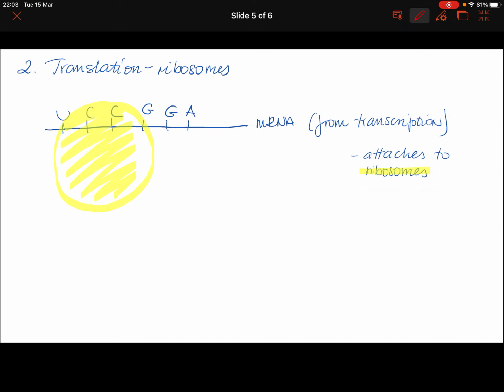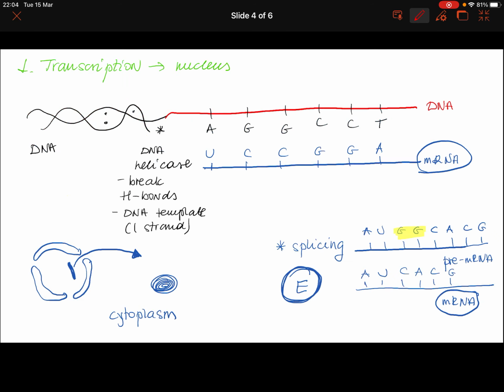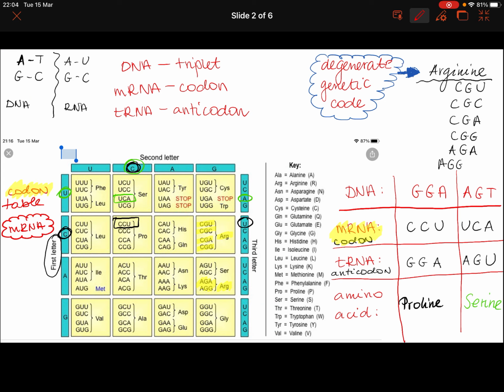Remember the triplets, so the sequence of 3 bases on mRNA were called codons. At the beginning of the sessions, we said that codons are complementary to the anticodons on tRNA.